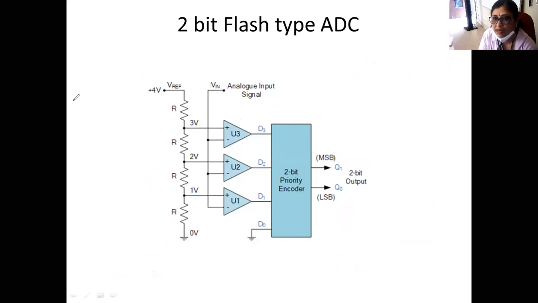Now, the first case is when input voltage Vin is less than V reference by 4. If this is the case, then what happens? If input voltage is less than V reference by 4, then what can you observe?